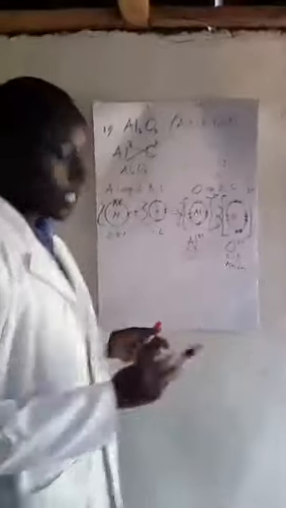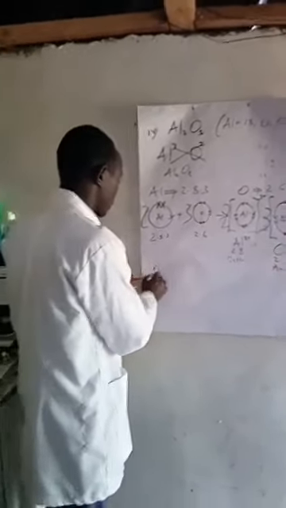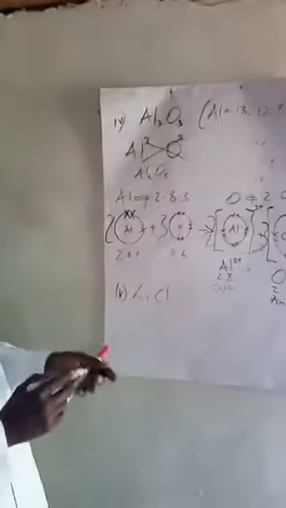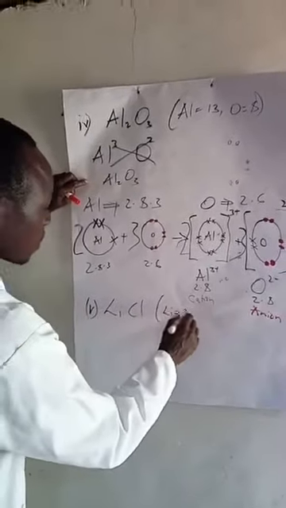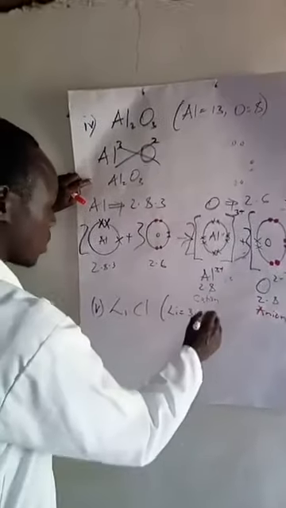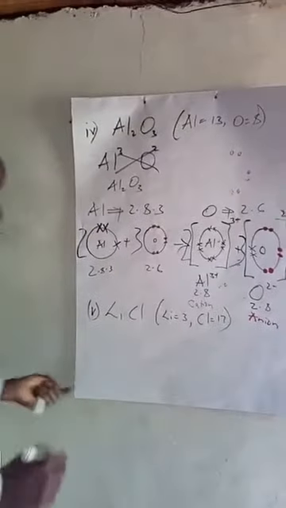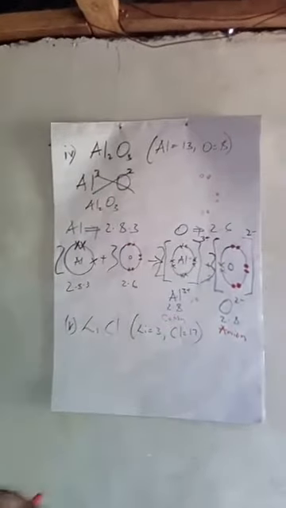So you can try lithium chloride. Lithium is number 3 and chlorine is number 17. So you can try the ionic bond between lithium and chlorine.